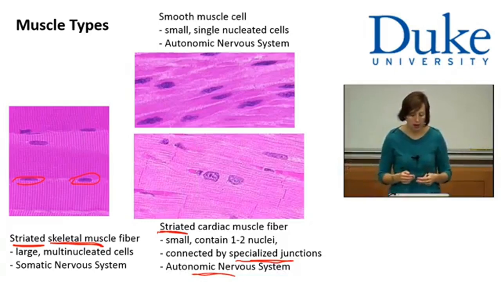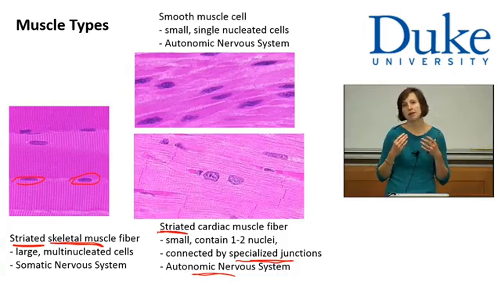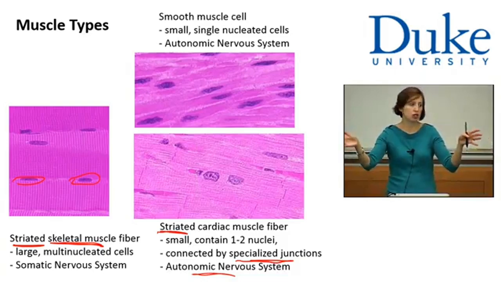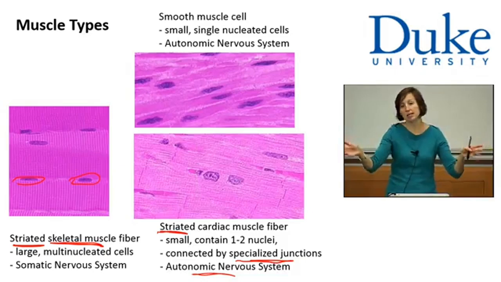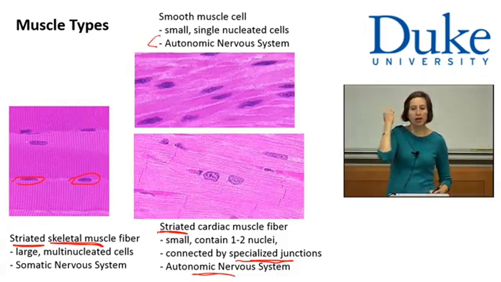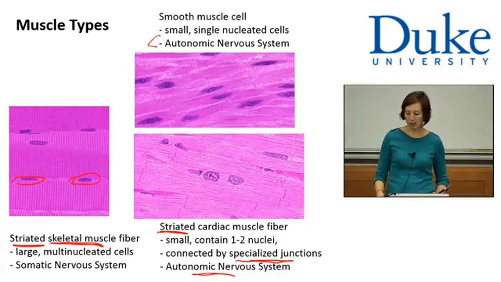And so they won't have those stripes in the microscope, and they're also going to be relatively small cells, often spindle-shaped, and again, they're very often going to function as a sheet of cells, and to do that, they will have tight junctions or strong junctions between the cells that will allow them to adhere to one another as they're contracting so that they can act as a unit. And again, their amount of activity or contraction will be regulated by the autonomic nervous system.